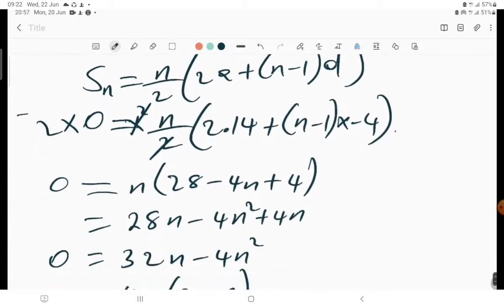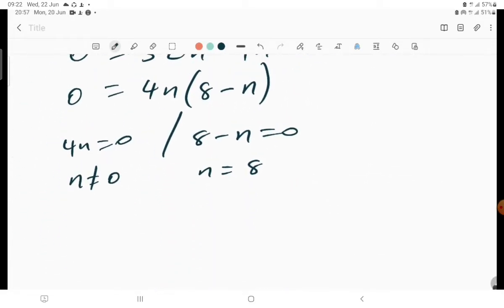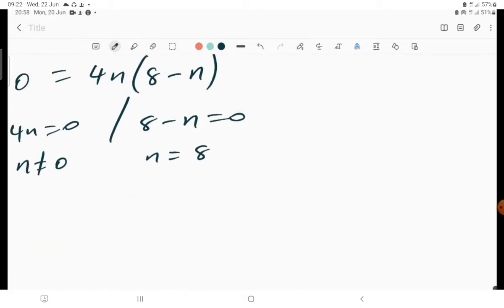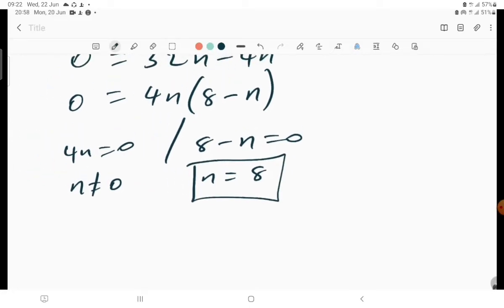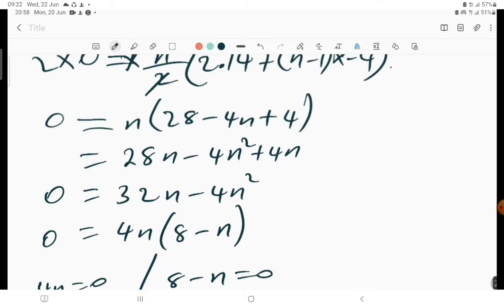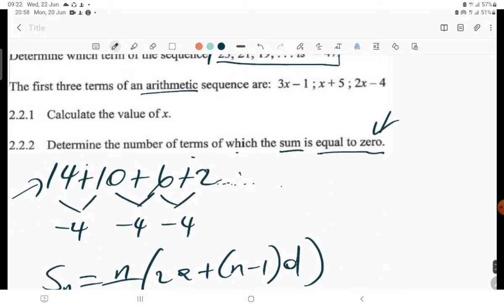So how many of those terms are you going to add to give you 0? There are 8 terms that are required here. Yeah, but I can take this one as well, because when you add 0 terms, they said determine the number of terms for which the sum is equal to 0.